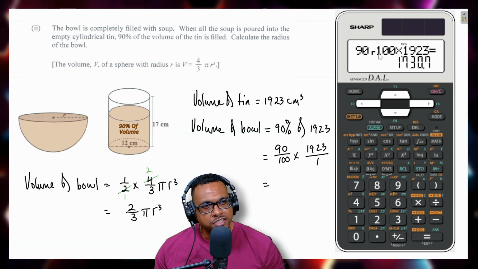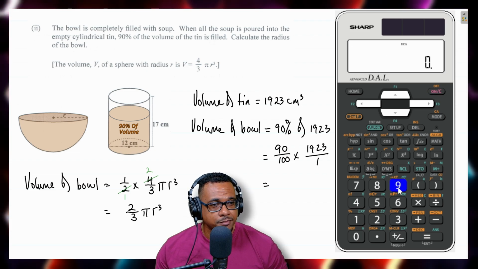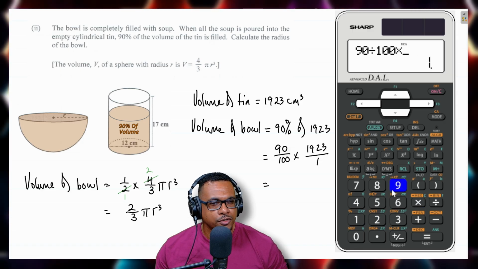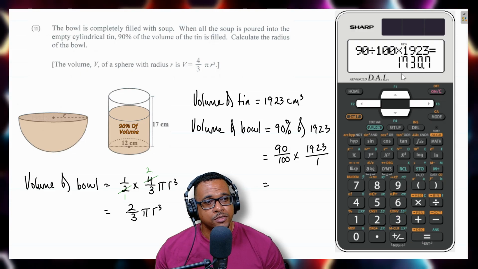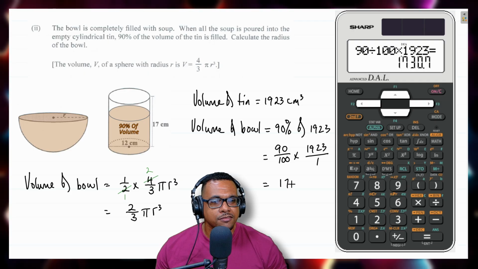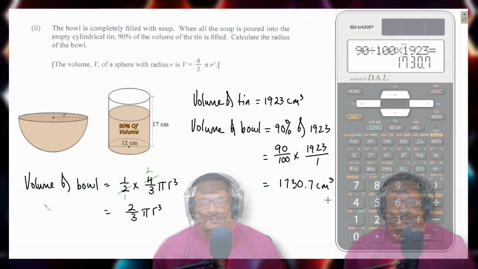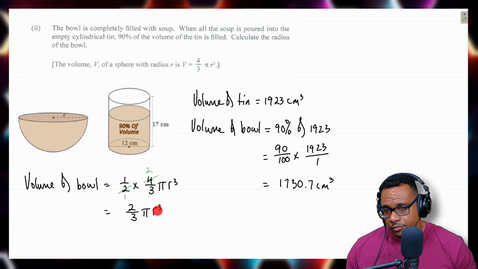Now, if you didn't want to use the fraction button and you wanted to get the answer in decimal one time, okay, let's put 90 divided by 100 and then multiply by 1,923. And you see you get a decimal one time. 1,730.7 centimeters cubed.